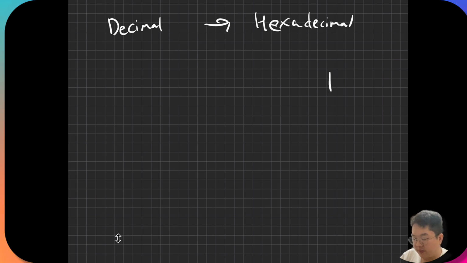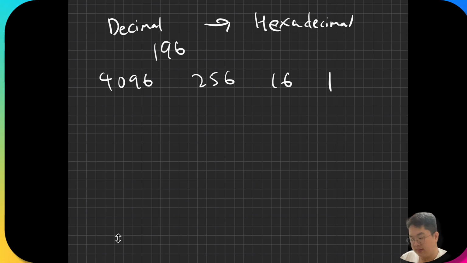Now, what about converting decimal to hexadecimal? Let's use the table again: 1, 16, 256, and 4096. This time, let's say we have the number 196.